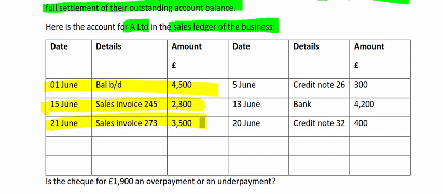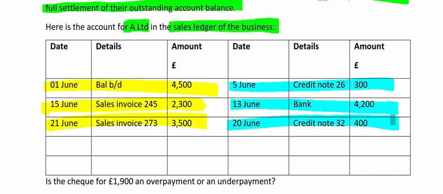Now one thing to bear in mind is that in the sales ledger, entries on the debit side increase the amount owed by the credit customer, increase the asset that we're owed, the receivable. And we've also got some entries on the credit side of A Limited's sales ledger account. And on the credit side, entries will be reducing the amount that the customer owes.